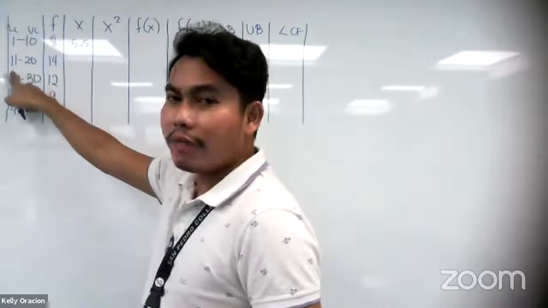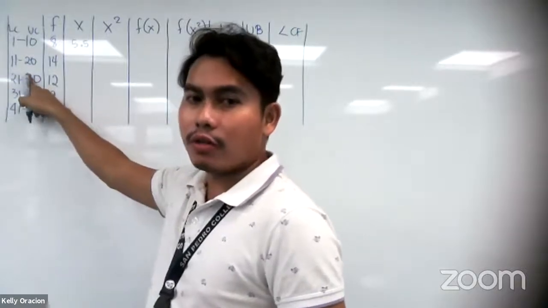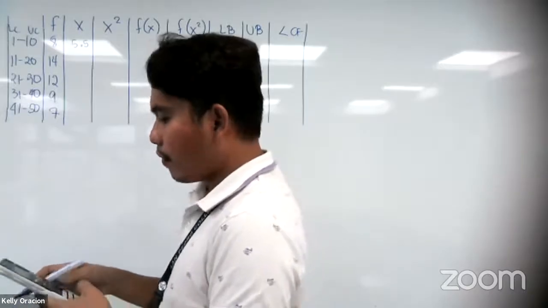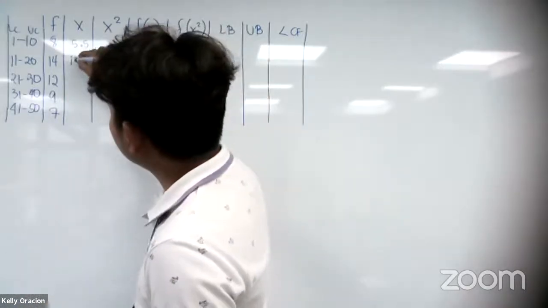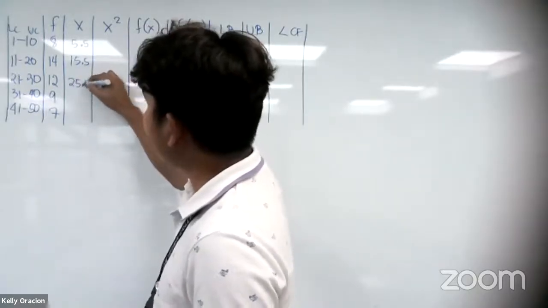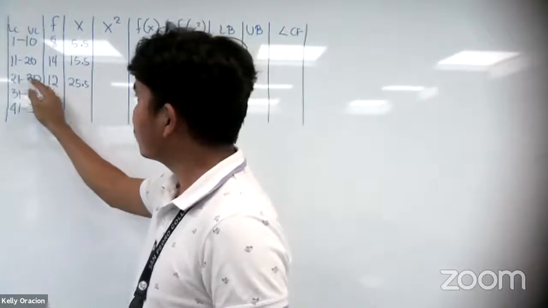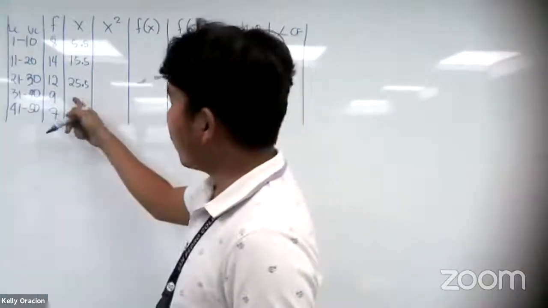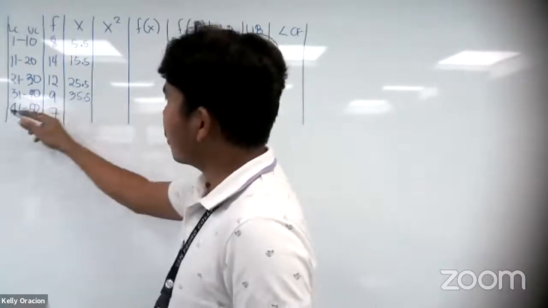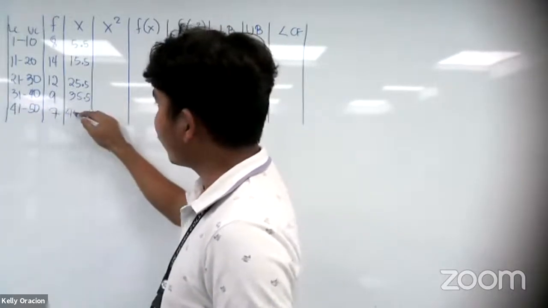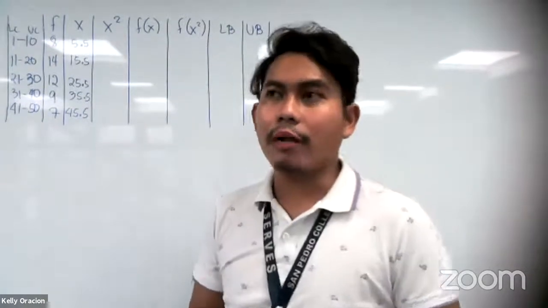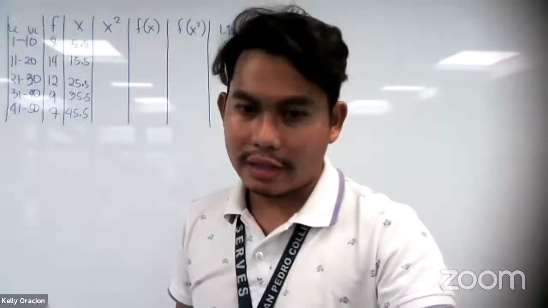Then 11 plus 20 divided by 2, that's 15.5. Next is 25.5. Add the two, then divide by 2. Then add the two, divide by 2, that's 35.5. This one too, add the two, divide by 2, that's 45.5. That is how you get X.